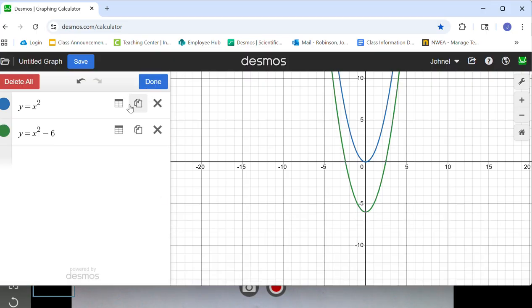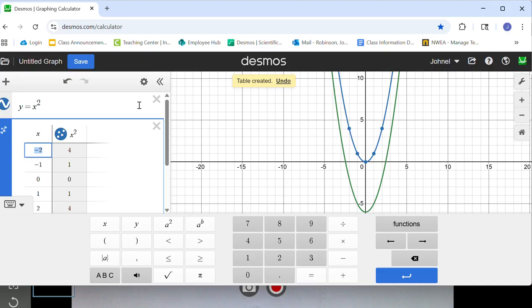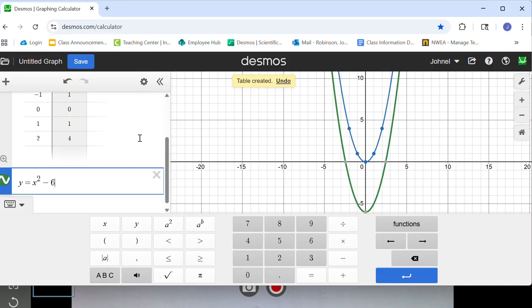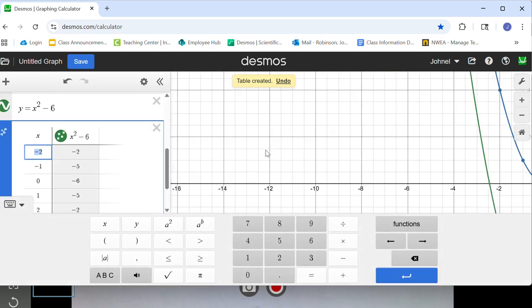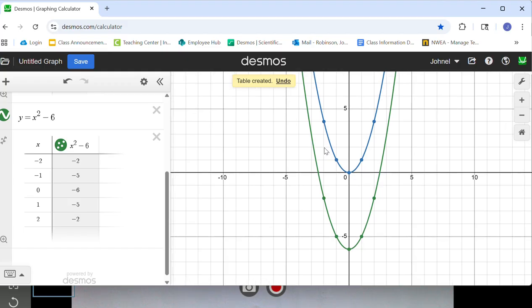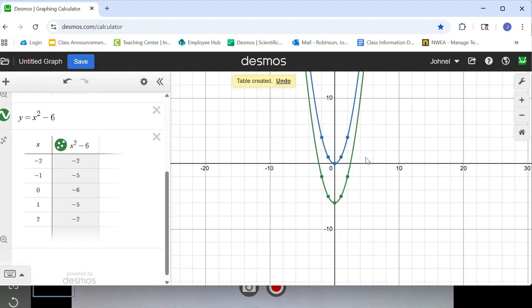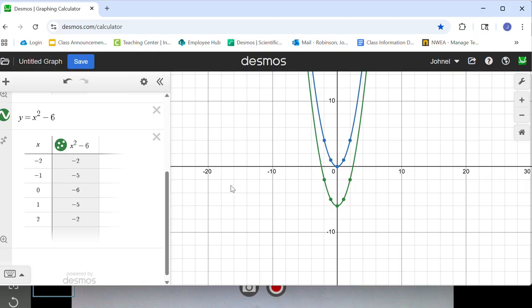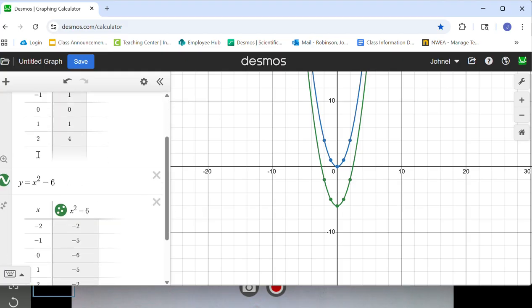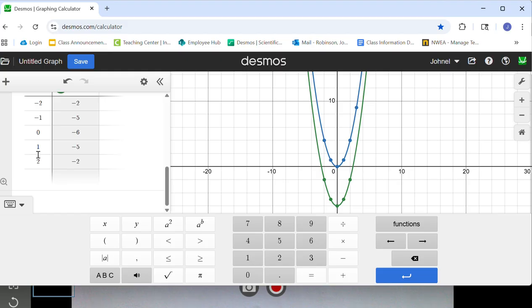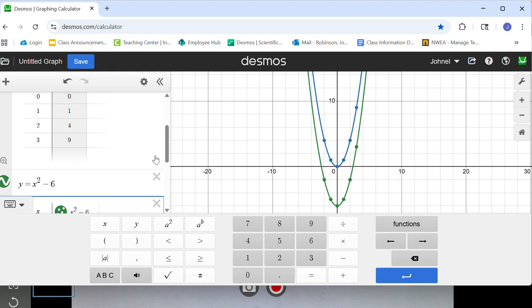Press the settings, put the table, press the settings again, put the table. If you couldn't see the graph, you can zoom and pan. The value that we're looking at is 3, and 3 is not listed on this table. So we come over to the table, type in 3, come into the table, type in 3.